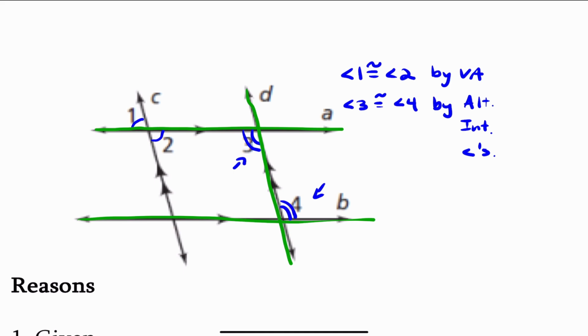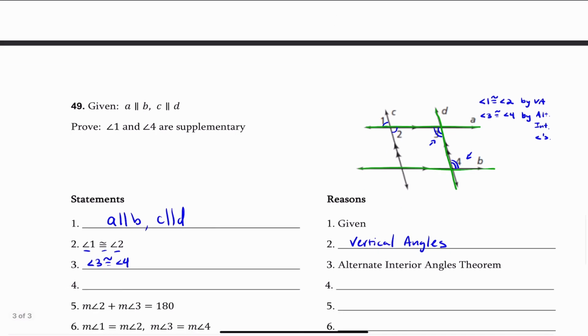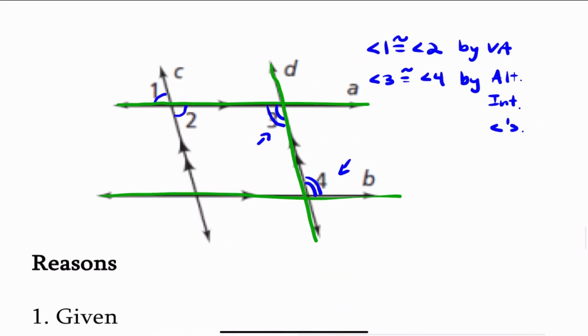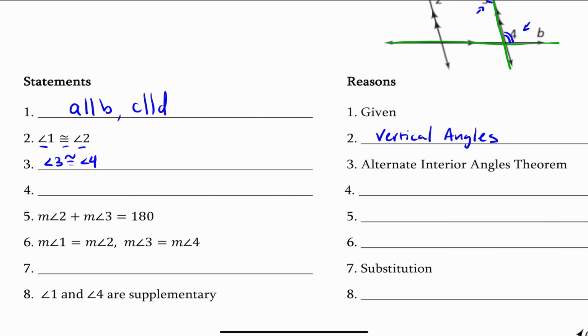My game plan here is to prove that 1 and 4 are supplementary, okay? And the fact that angle 3 is congruent to angle 4, right? Since I know that angle 3 is congruent to angle 4, if I replace 3 with 4, then they are essentially supplementary, okay? So that's the reason why I'm writing all these things down.